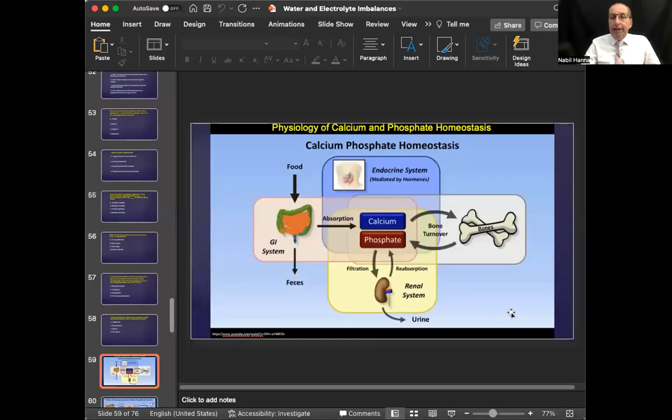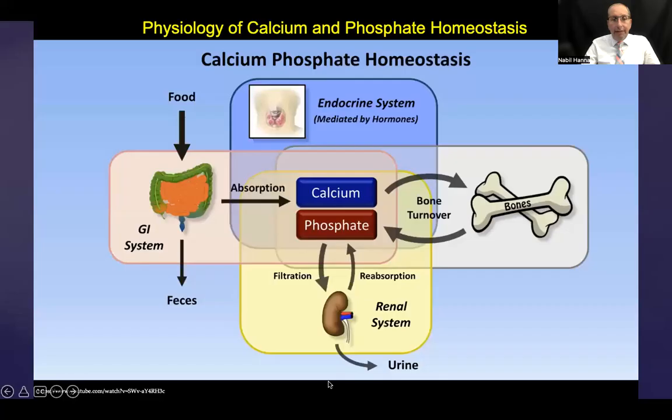Okay, in this segment, we're going to talk about calcium disorders. Calcium is very related in the body to phosphate, and calcium and phosphate homeostasis is kind of parallel. We take them with food, we absorb them from the GI tract, they circulate in the blood, the excess is stored in bones, and finally we get rid of them in urine.